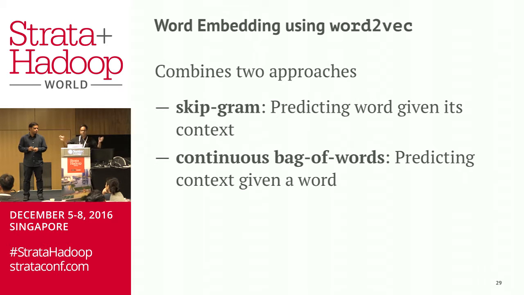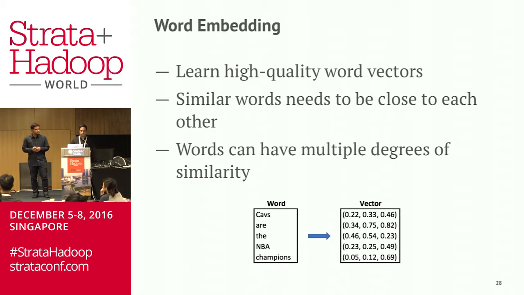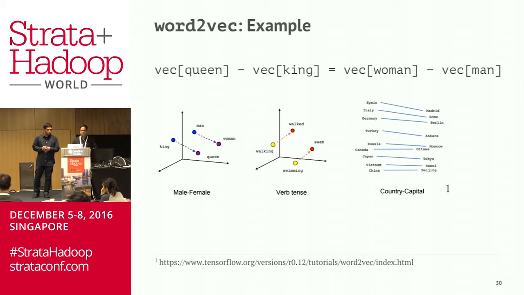Given a set of words around a particular word, predicting what that word would be is an example of skipgram. Right, so these two would be used to create word vectors like what we saw in the earlier slide. This is a very popular example of how word2vec is done.